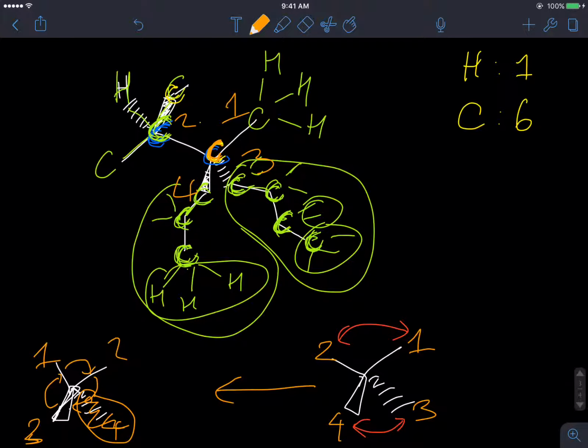So it's a what? It's a 1, 2, 3. So it is a what? So it is an R configuration. Is that right? Is it R configuration? Yeah, so 1.